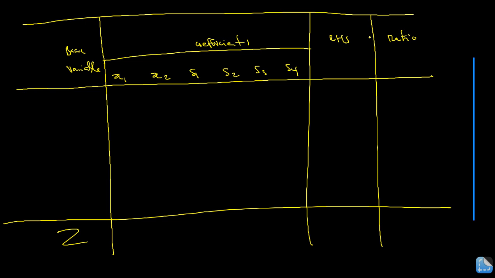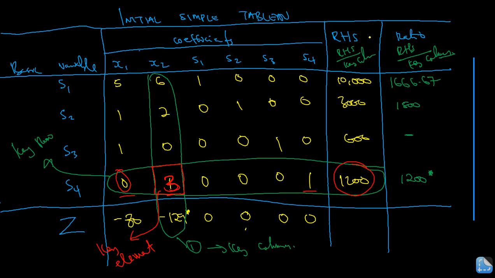Once you have done this, in case you had divided your key row by a number, for example 3, it would be 0 over 3, 3 over 3, 0 over 3, 0 over 3, 1 over 3, 2 over 3.